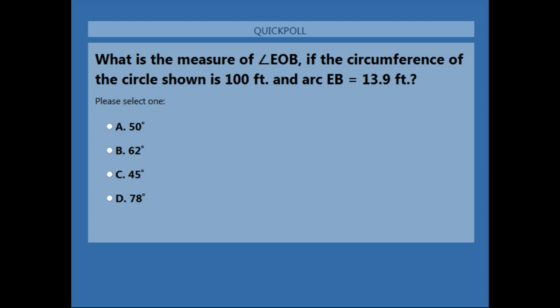We have the length, 13.9 feet. We have the circumference given. You don't have to use the formula, 2 pi r. It's given, 100 feet. So it saves us some work. 360 degrees is known, it's a fact. Then the only unknown in this proportion is the measure of CB.